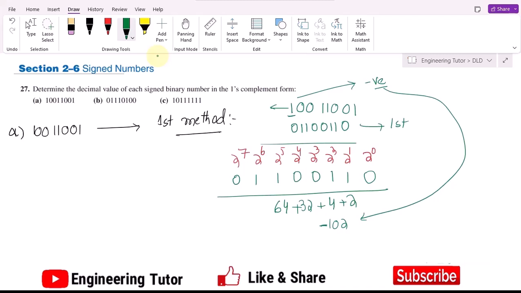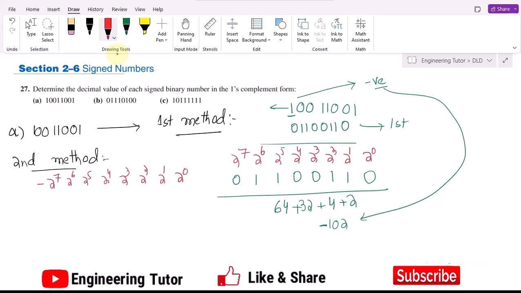Similarly, in order to find the decimal equivalent of it by using the second method, let me first write 2^0, 2^1, 2^2, 2^3, 2^4, 2^5, 2^6 and minus 2^7.